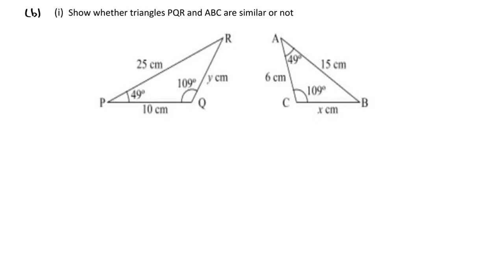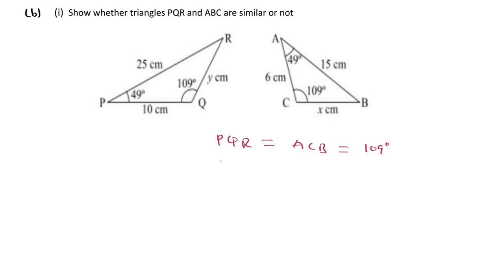Part B of the question, Roman 1, show whether triangles PQR and ABC are similar or not. Okay, so from the figure we've been given, angle PQR equals angle ACB, which equals 109.